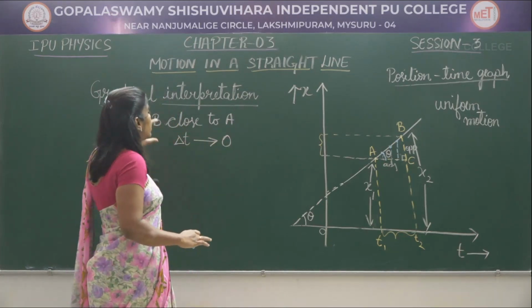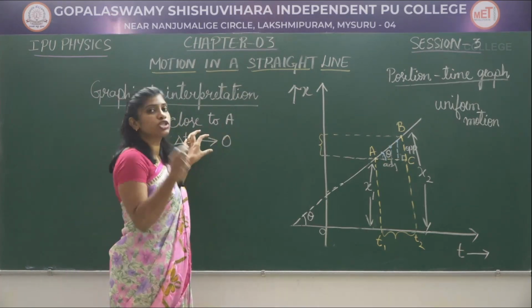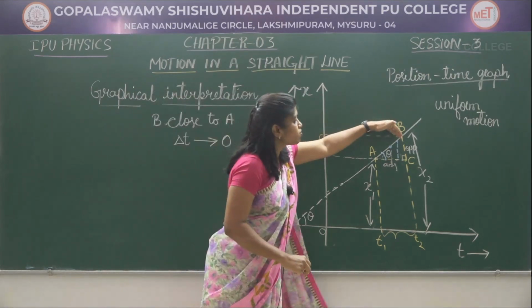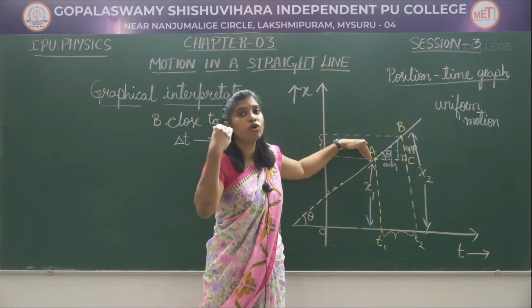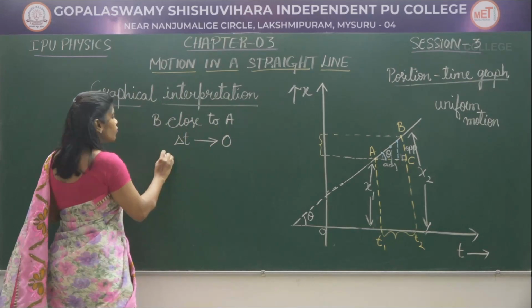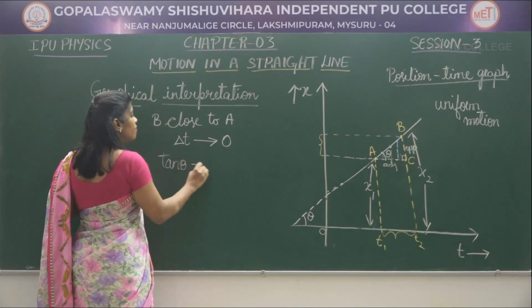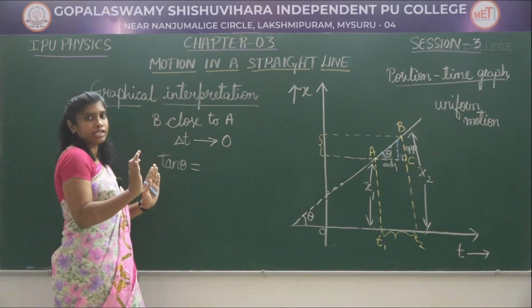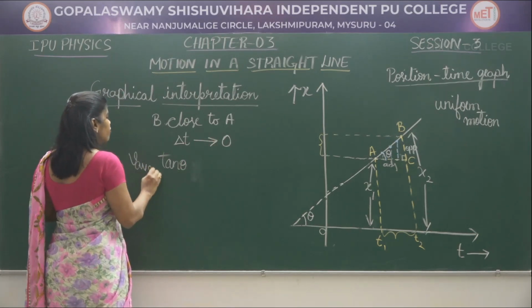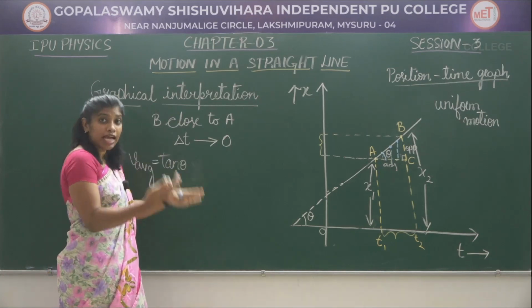So, when I make this delta t approach a value very near to 0, that is, I am bringing this point B very near to A, there is no change in tan theta. We had already written that V average is nothing but tan theta.